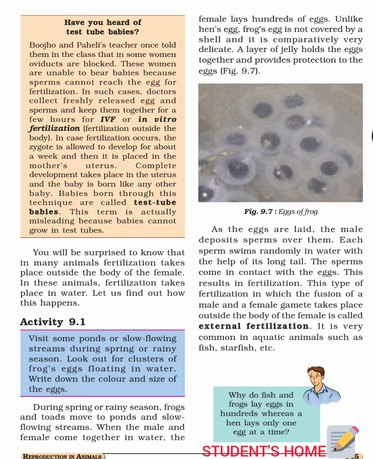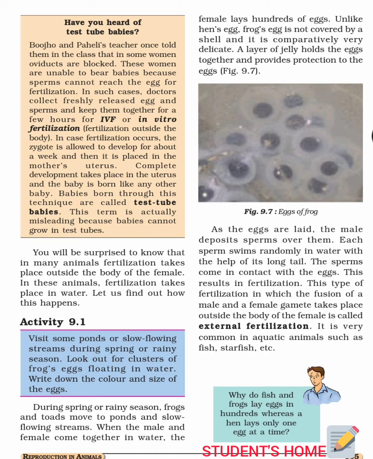A layer of jelly holds the eggs together and provides protection to the eggs. As the eggs are laid, the male deposits sperms over them. Each sperm swims randomly in water with the help of its long tail. The sperm come in contact with the eggs.